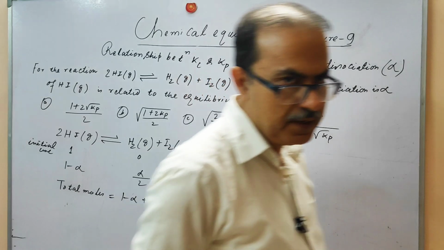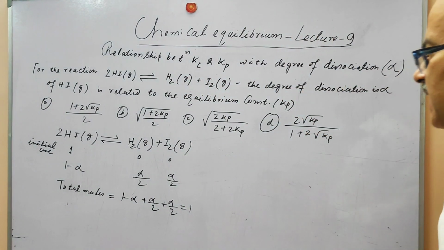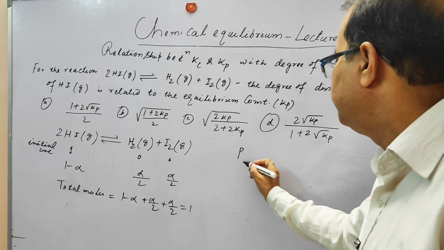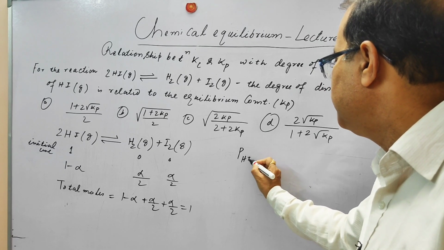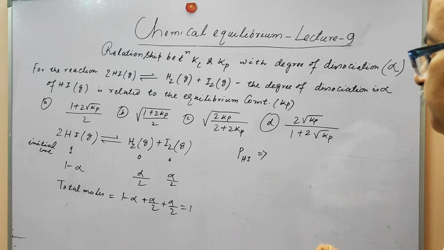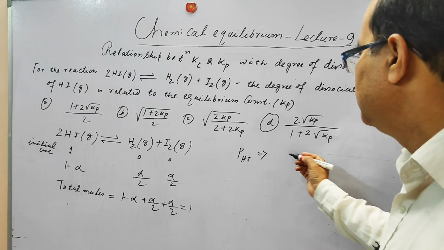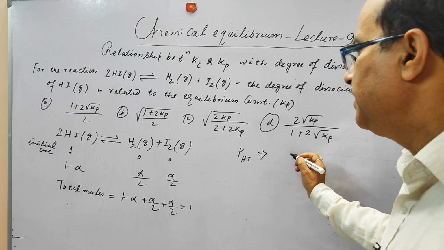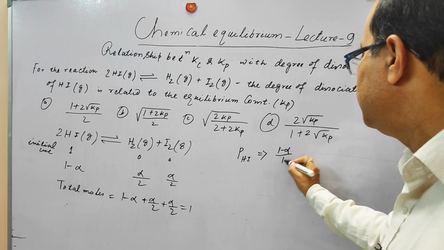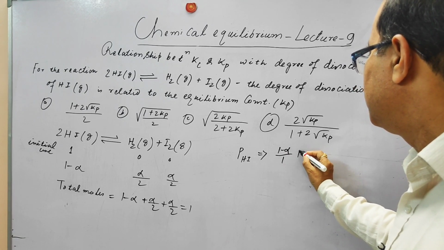Okay. Now the partial pressure of HI you have to calculate. It is not given here, so you have to calculate it: 1 minus alpha into total pressure.